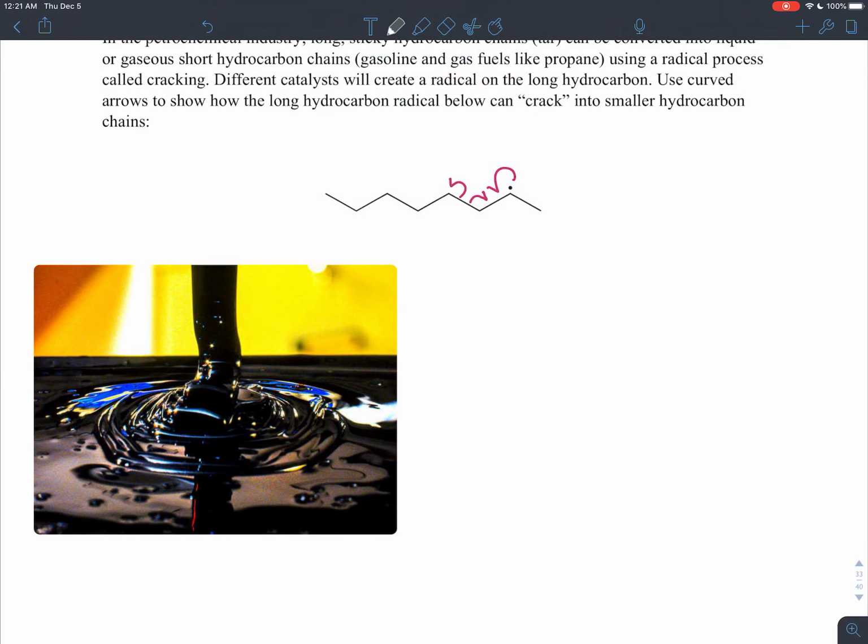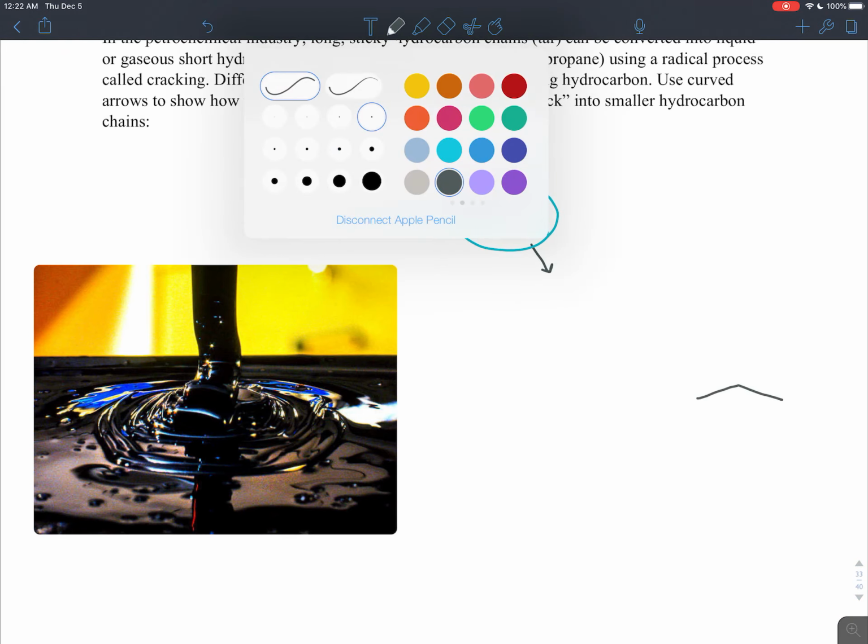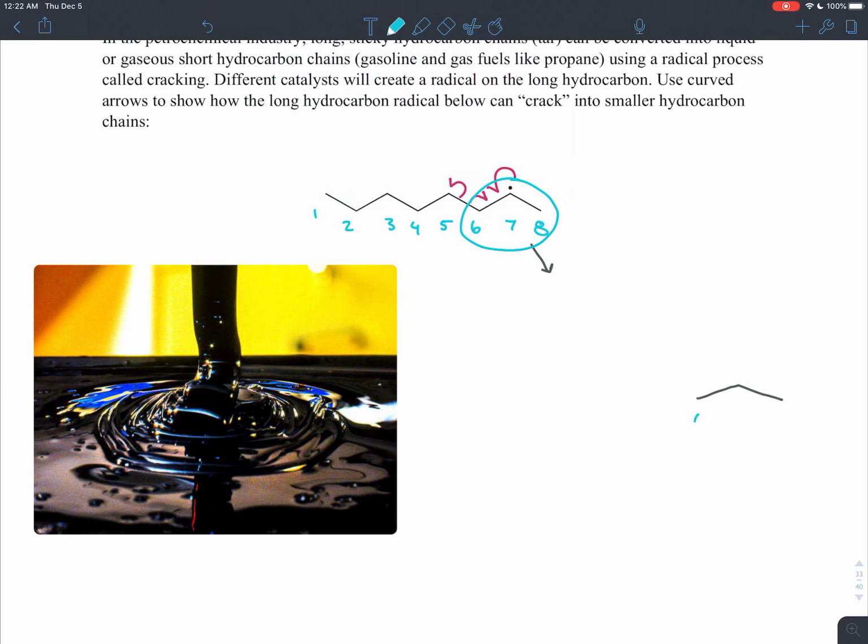So if we number this, just to keep track of things, we have 1, 2, 3, 4, 5, 6, 7, 8. So notice that we'll have 3 carbons, 6, 7, and 8.